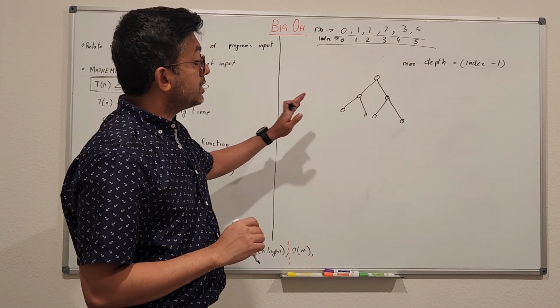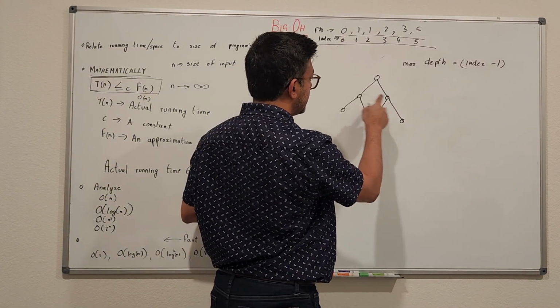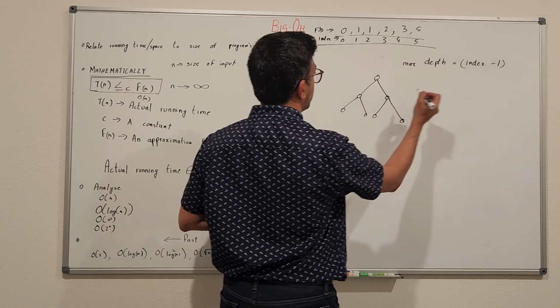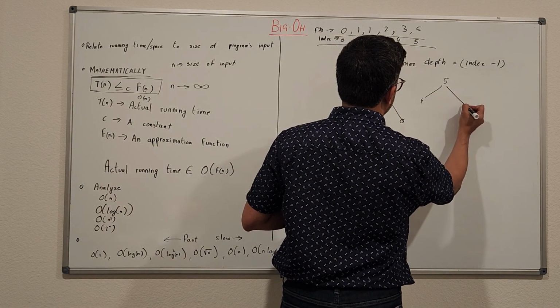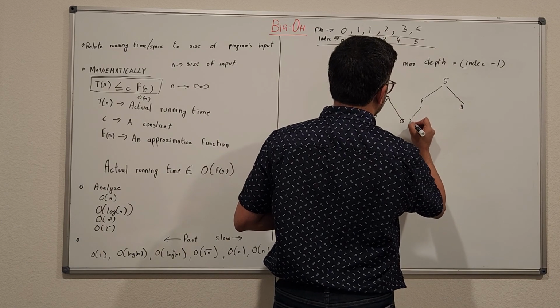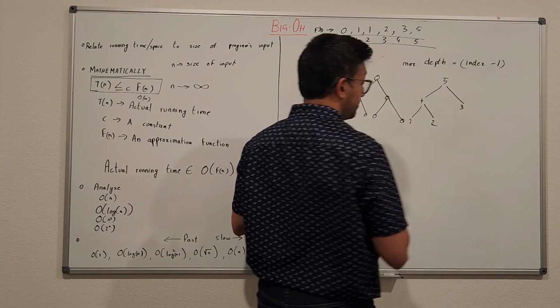So if the tree is full, what I want to know is, every single node is an operation, right? Because if I was calculating Fibonacci of 5, I had to do first 4 and then 3. For 4 I have to do 3 and 2. So every single node is an operation.